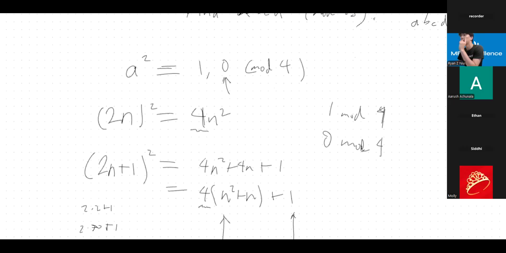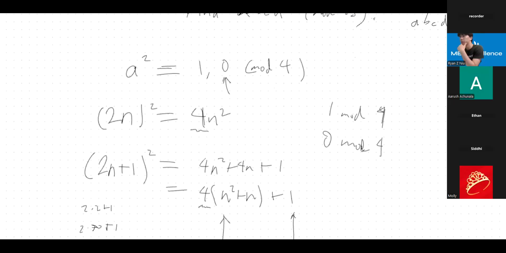When a solution starts to take a long time, you have the choice of continuing, but in most cases, you want to find the best way. And the best way here is to use this fact: perfect squares have to be 0 or 1 mod 4. So let's take a look at what that means for this problem.